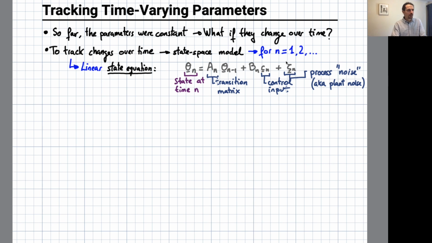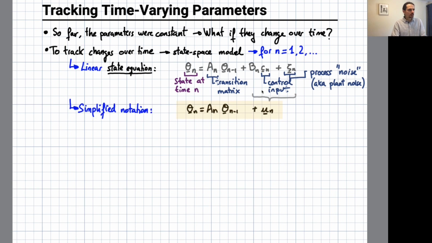We can think of it in multiple ways, but we can think, for instance, that it captures perturbations that are simply unknown, or we are not measuring, right? So imagine in the case of the cruise control, this could account for the speed of the wind, or perhaps the slope of the hill, or things like that.